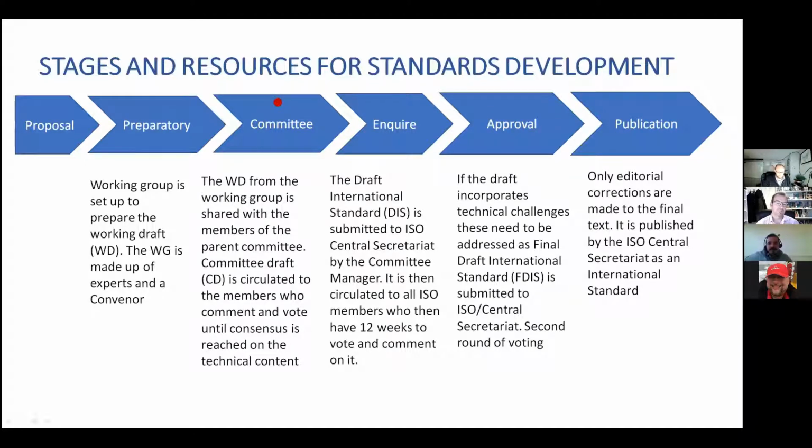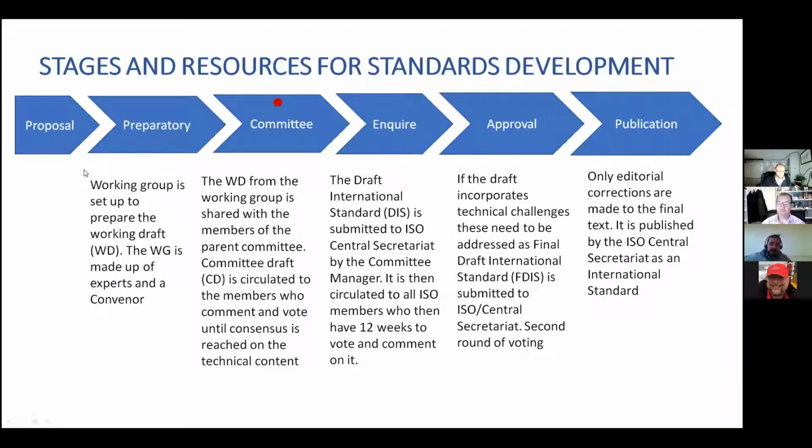Once the working group creates a draft for committee review, the committee needs to review it technically and get a consensus and an agreement on the changes performed, and then it's sent as a draft international standard to the central secretariat, where it is distributed to all ISO members, and a vote takes place for approval.